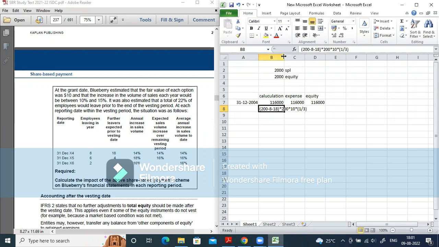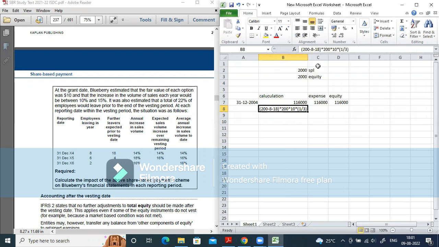This is the procedure for how we got this. So shall I assume that 31st December 2004 is clear? Yes. Now the next one, 31st December 2005.